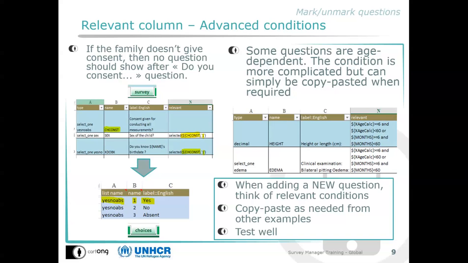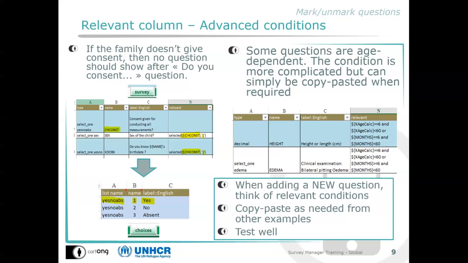Since this is not a condition based on a manual input, meaning you have not typed in anything but have selected yes, no, or absent, you need to denote this with the value that has been coded against the labels. So these are the labels: yes, no, or absent. You want the question only to appear once someone has given consent, which means you need to pick what's under name, where the value is equal to 1, because 1 means someone has said yes.